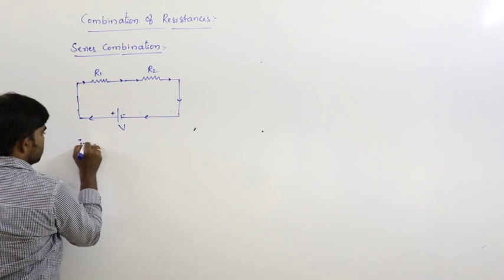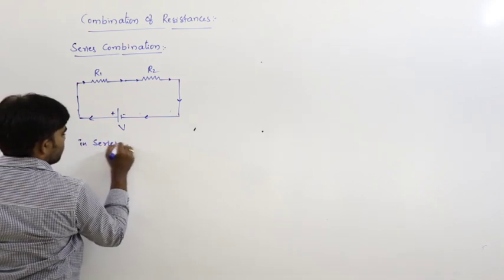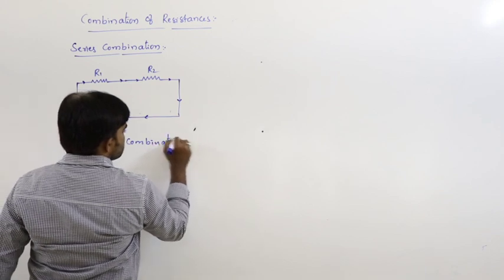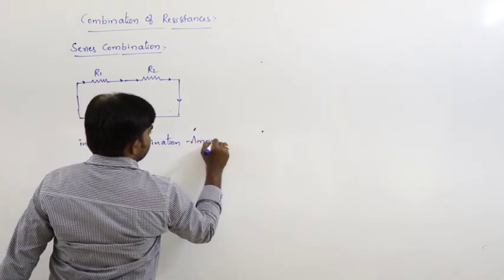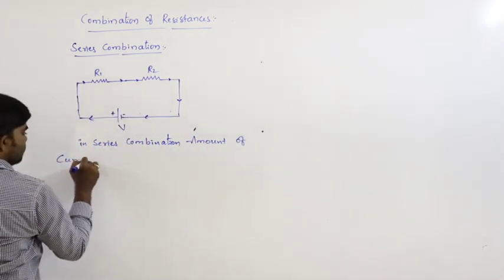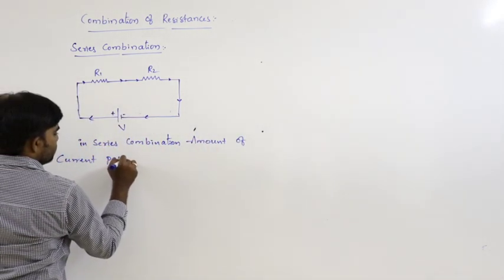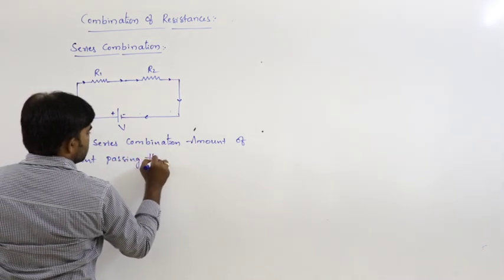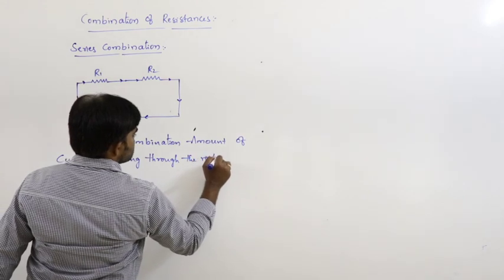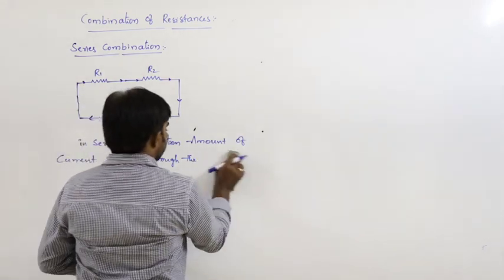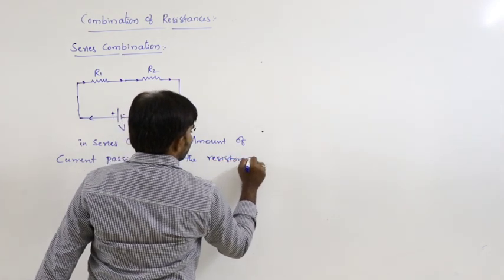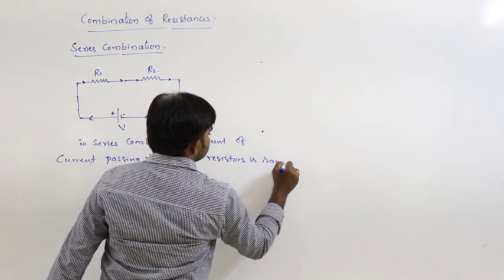So in series combination, the amount of current passing through the resistors is the same.